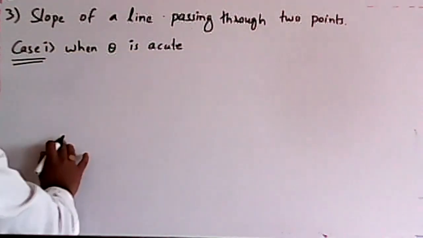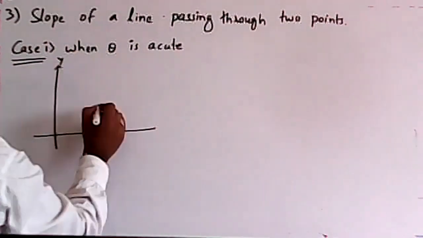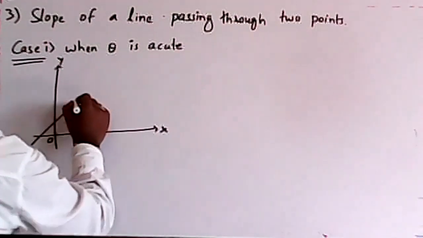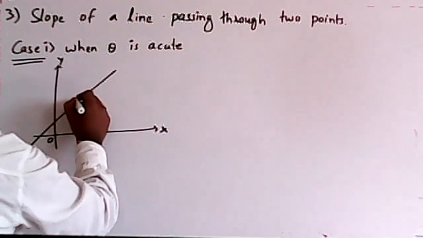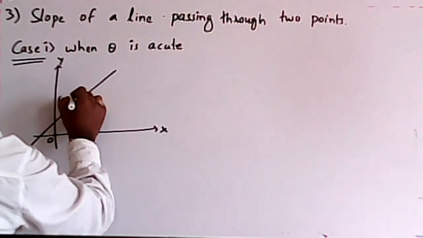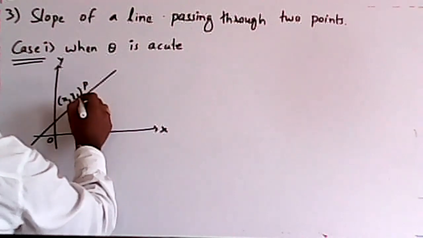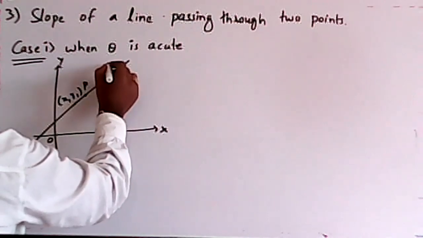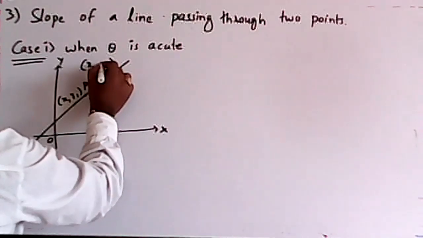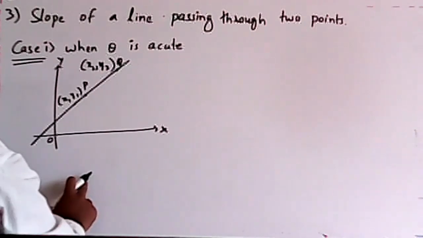Let me draw the diagram to make you understand this. So this is y-axis, this is x-axis. Think that there is a line like this, right? Here the point P has got the coordinates x1, y1. Okay. Here the point Q has got the coordinates x2, y2.